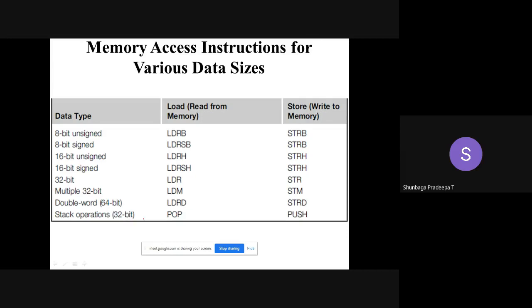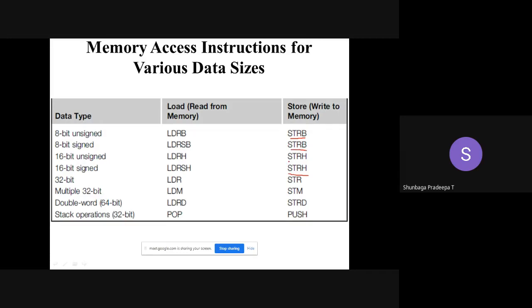For stack related operations, you have the pop and push instructions. Similarly to the load instructions for the different data types, you have different instructions for storing the data into the memory. This one saves an 8-bit unsigned value into the memory. This one saves 8-bit signed data.